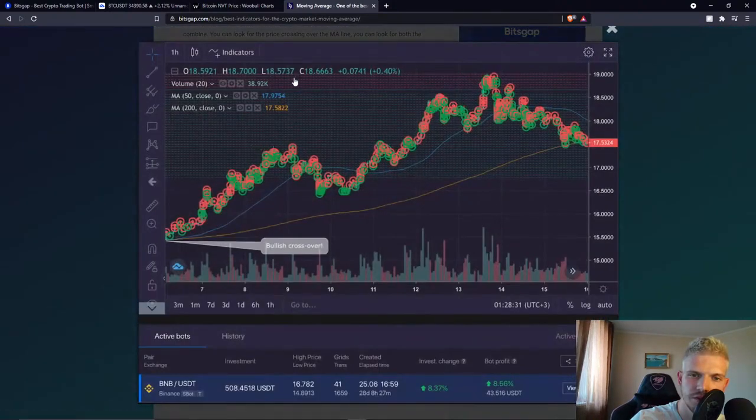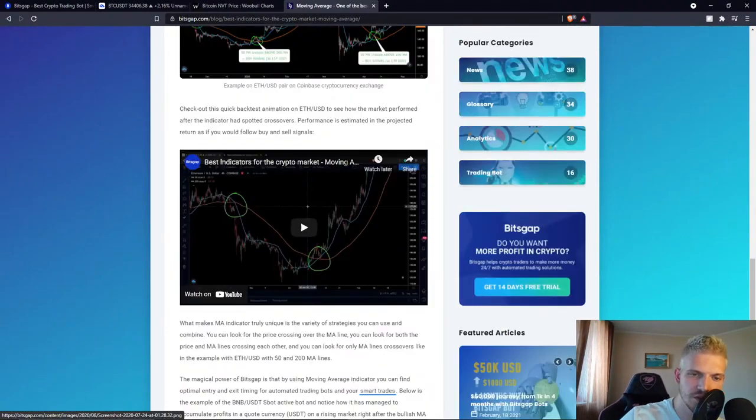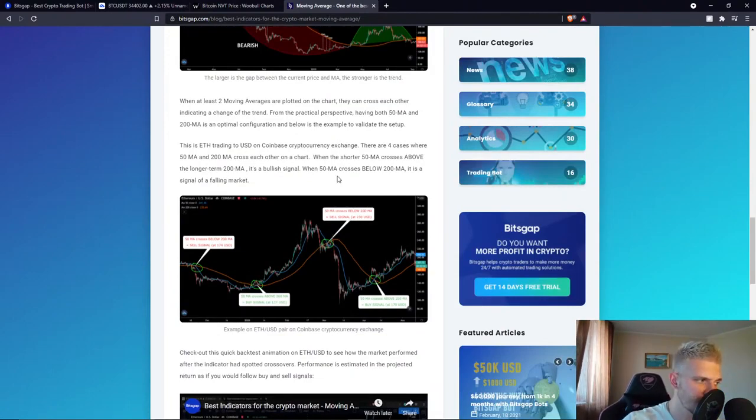So if you go here, you can see that I'm showing you this tool on the chart where you have automated bots. So whenever you spot some interesting patterns based on the MA crossovers, that can be the time to either close the bot or enter the market.